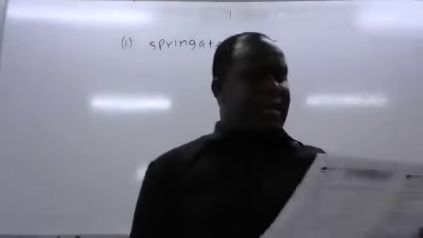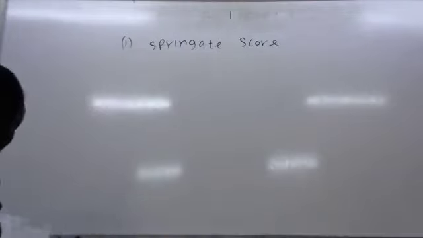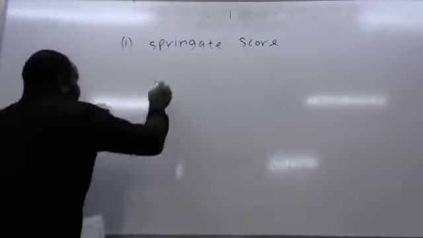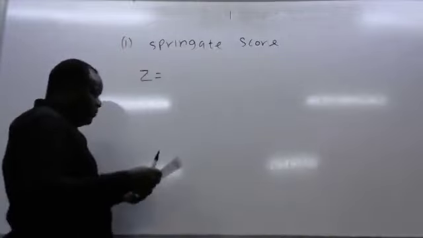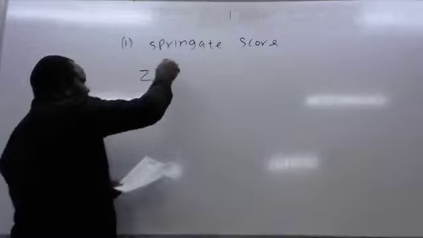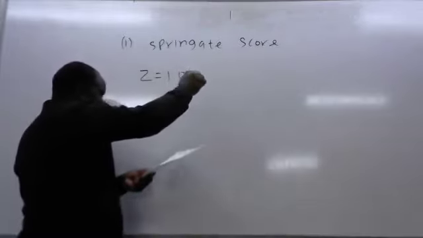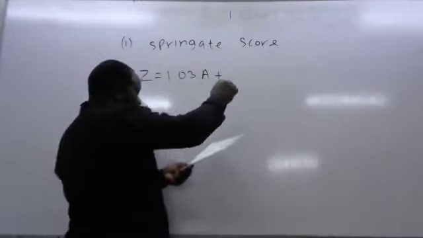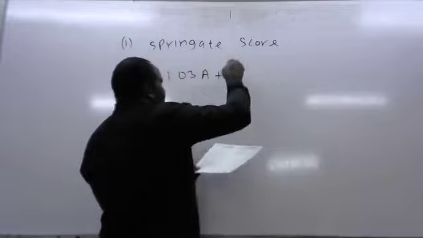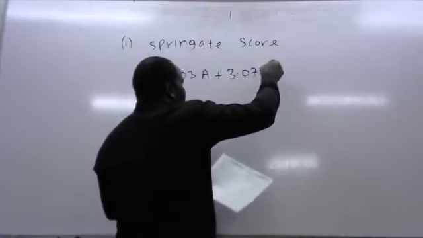I will go direct to the model, whereby they gave you the model as Z. So Z is meant to be equal to 1.03A, then we add 3.07B.